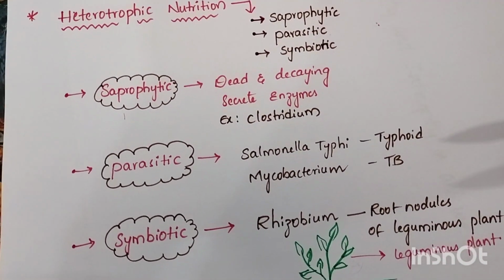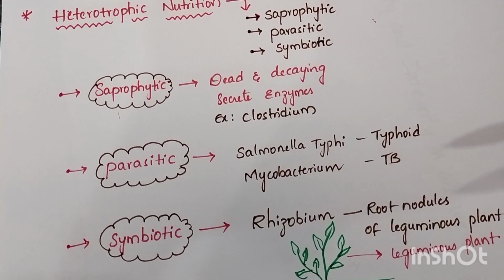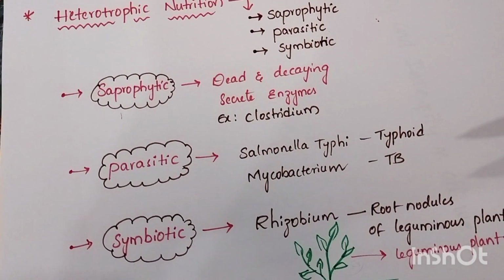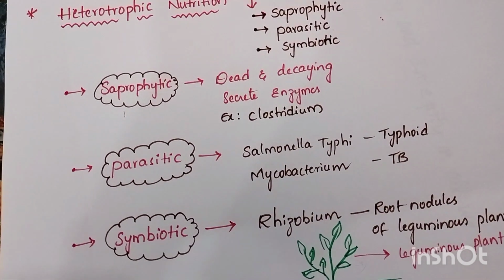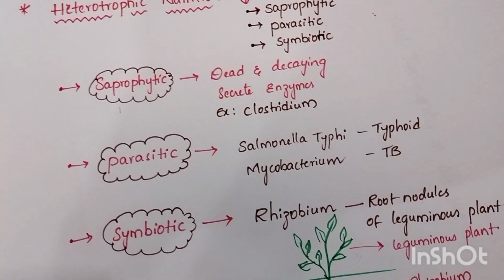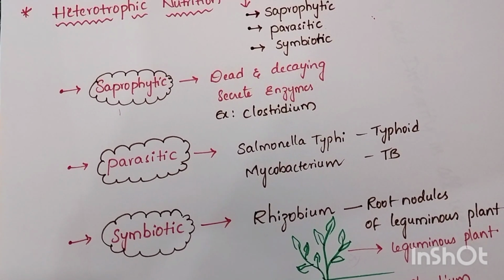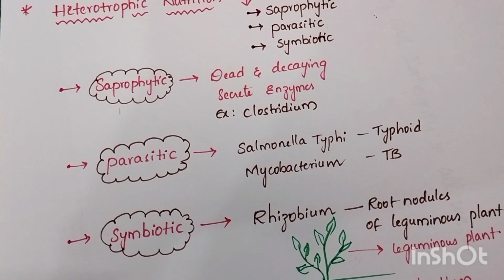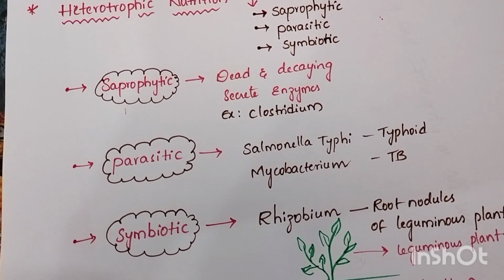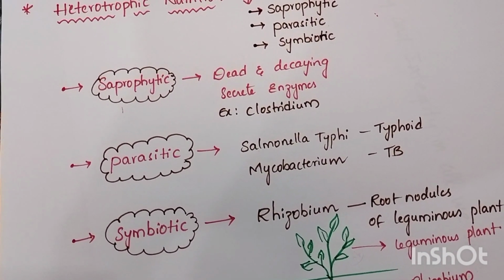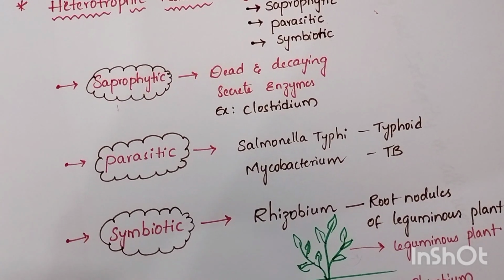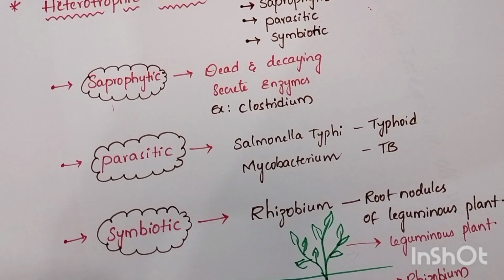And the next type of nutrition is parasitic nutrition. Some types of bacteria exhibit this type of nutrition. What is parasitism? Parasitism means if any organism is depending on another organism, relying on the other organism, and in turn is causing harm to that host, then it is called parasitism.